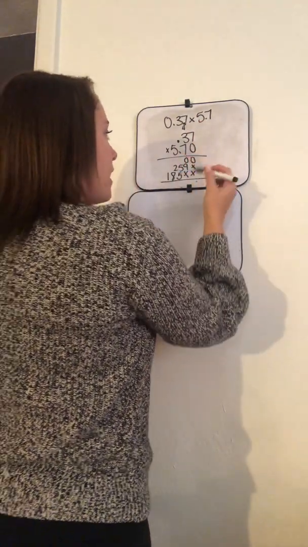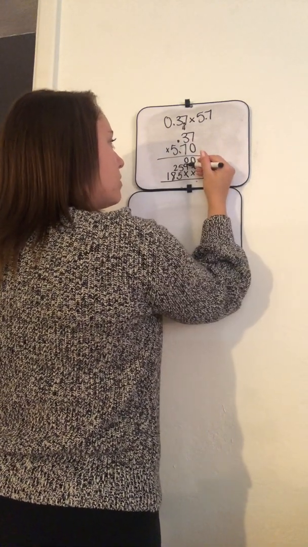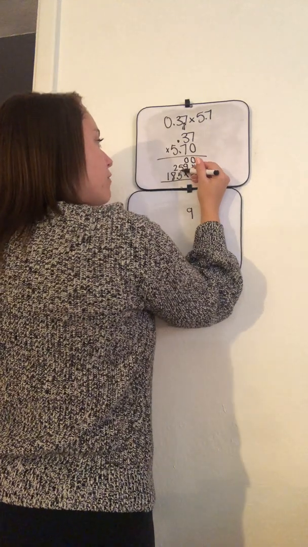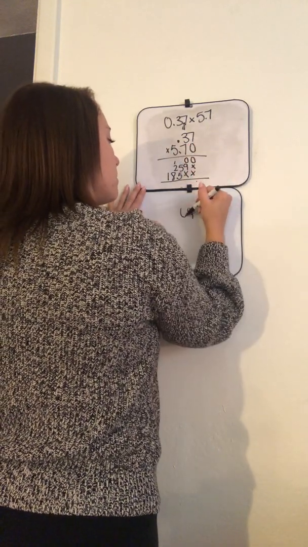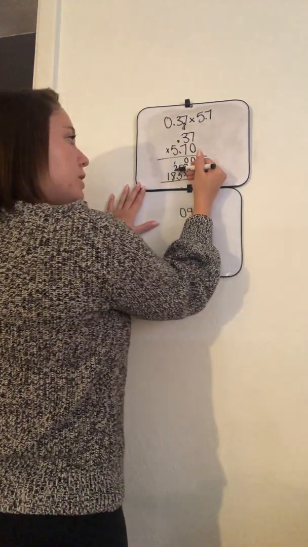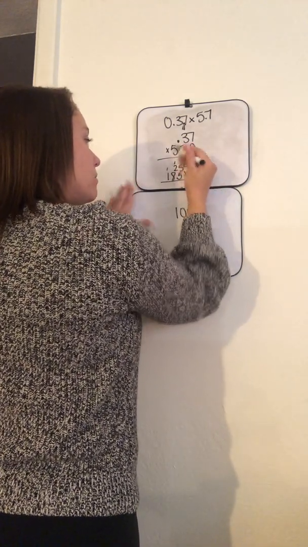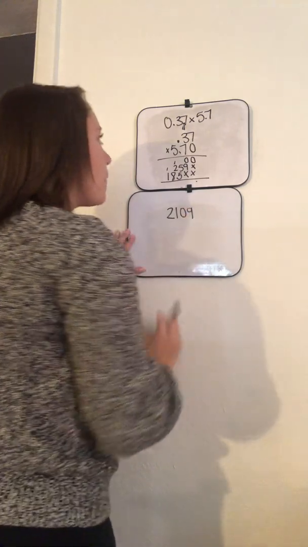So when we add this together, we get 0 plus 9 plus 0 is 9. 5 plus 5 is 10. 8 plus 2 is 10, plus 1 is 11. And 1 plus 1 is 2.